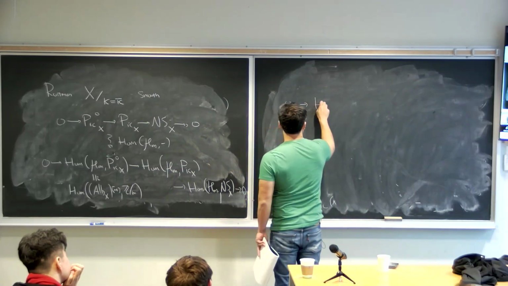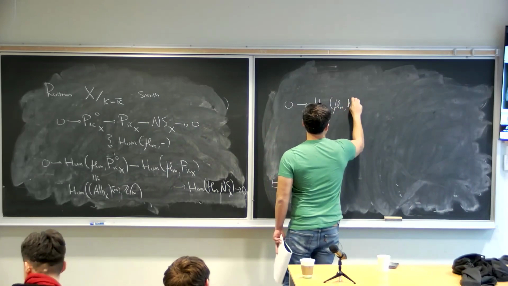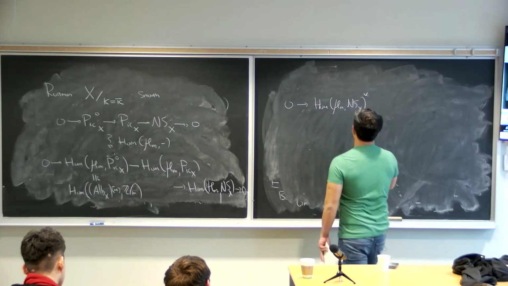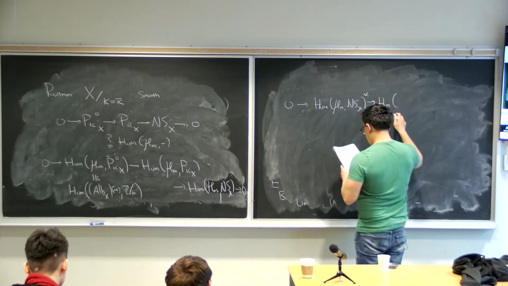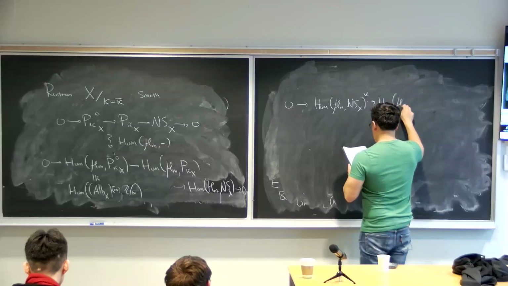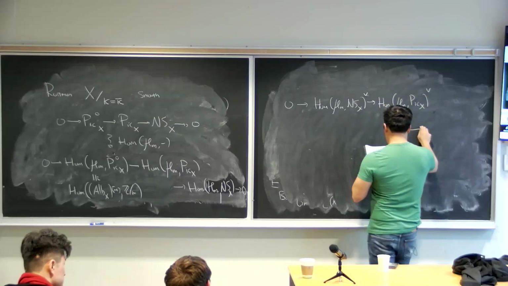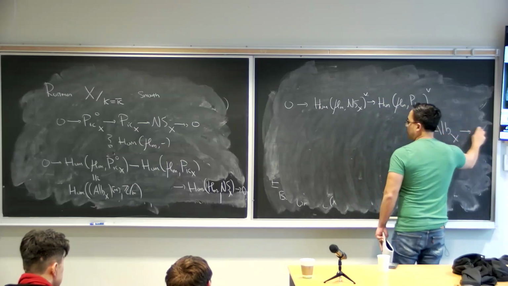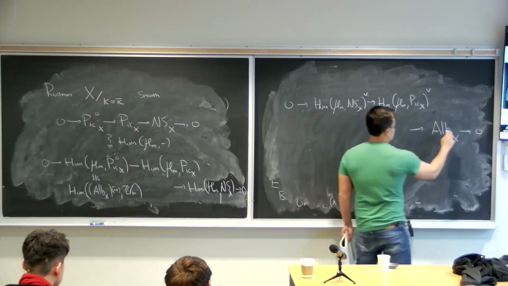So Hom of mu m Néron-Severi X dual, the Z mod m dual, maps into Hom of mu m into Pic X dual, and I'm going to map into the Albanese of X without the dual, because this is the thing that comes from the dual, the n-torsion.